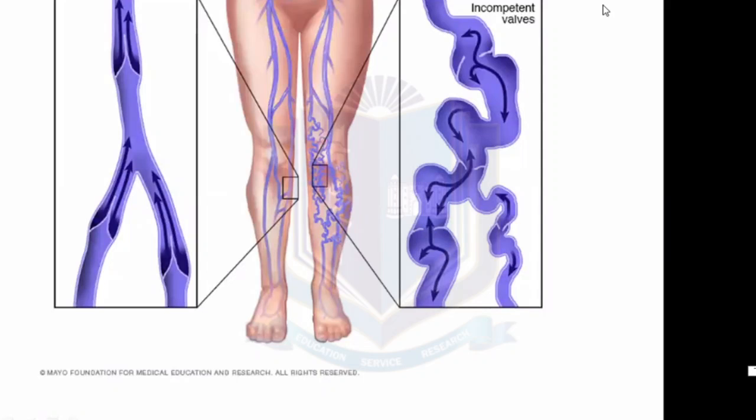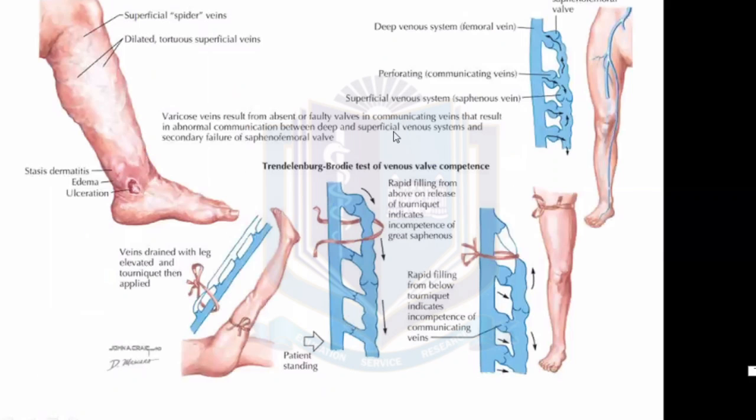To check this, the clinical examination is called Trendelenburg's test, in which the patient is made to lie on a flat surface. The leg is raised so that all the venous blood is drained back into the deep veins, and the tourniquet or bands are applied in 3 or 4 regions, one in the middle of the thigh, 2 or 3 in the leg region.